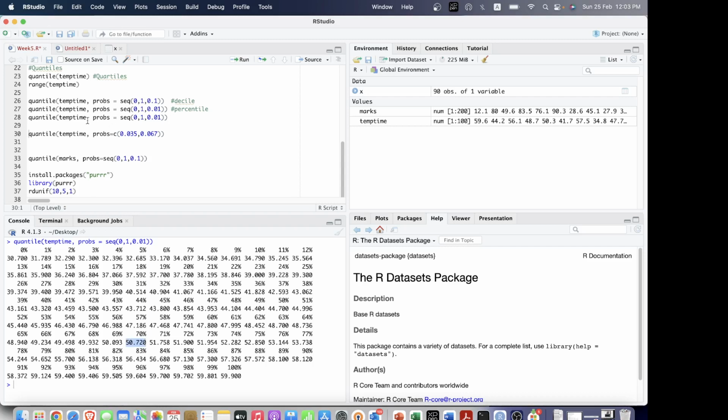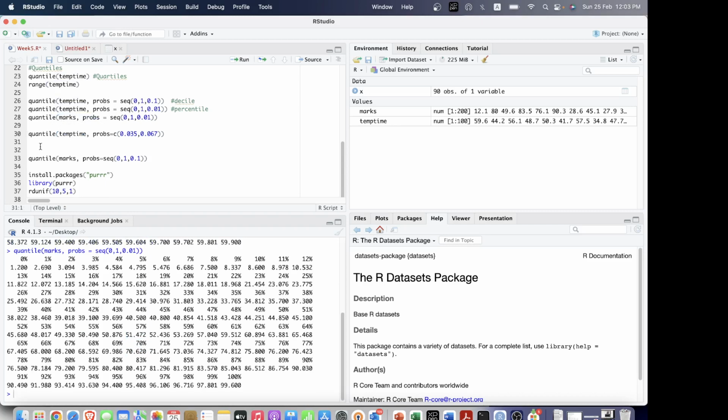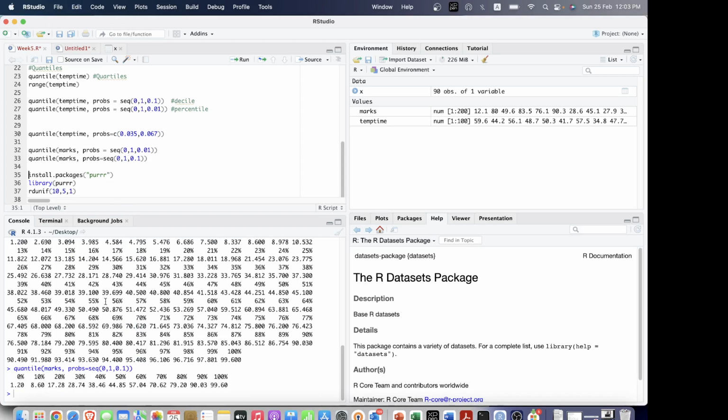Okay, so no, not this one. This is for marks, no? I'm going to change it. Wait. For marks. So this is the same thing. 70% is 70.62. Since for deciles also I'm going to get 70%, it is easier for me to check like this.